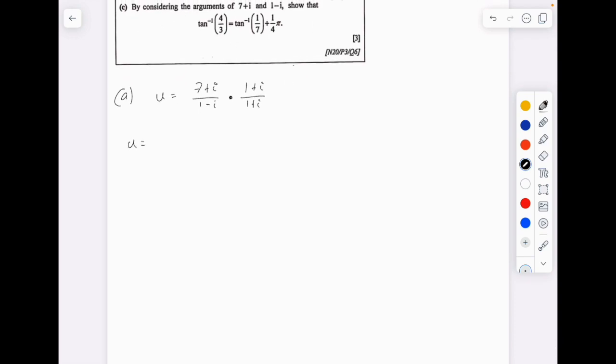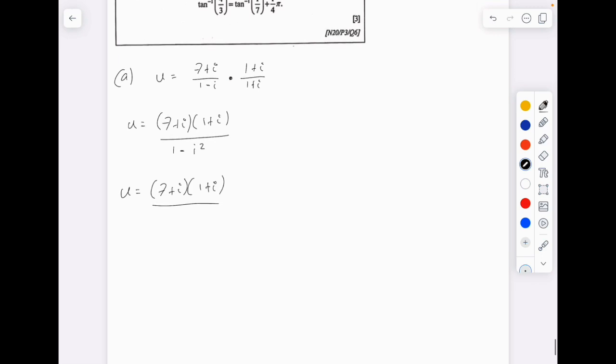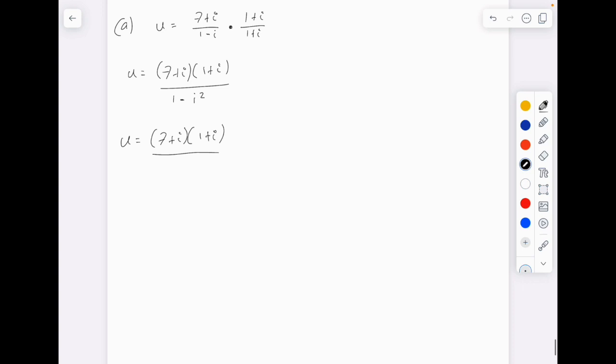So that's going to give us u is equal to 7 plus i for 1 plus i over, okay, what's 1 minus i squared? Well, 1 minus i squared, that's just going to equal 2, right?